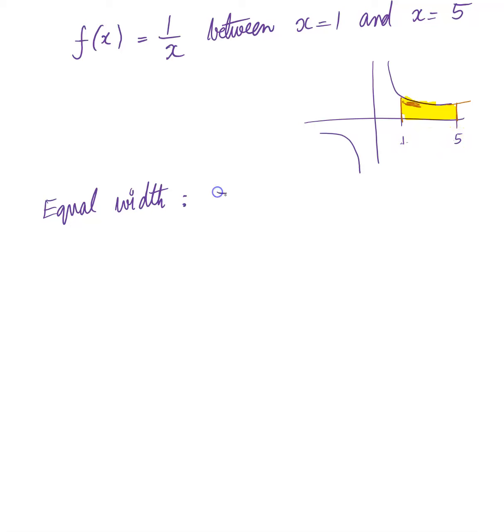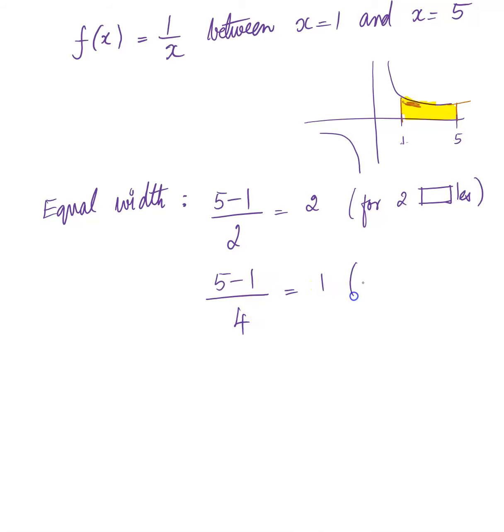So take the difference of the interval and divide it by 2, which gives us 4 over 2, 2, for 2 rectangles. That's the shortcut. And for 4 rectangles, it's 5 minus 1, the difference of the interval, over 4, which is 4 over 4, 1.